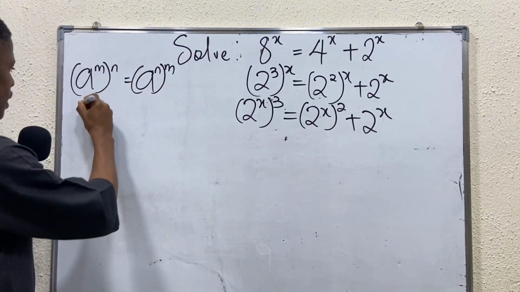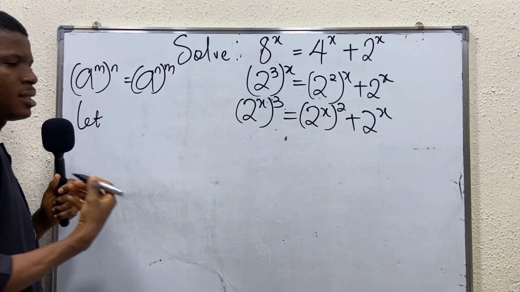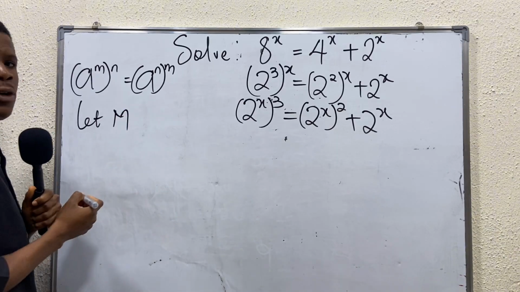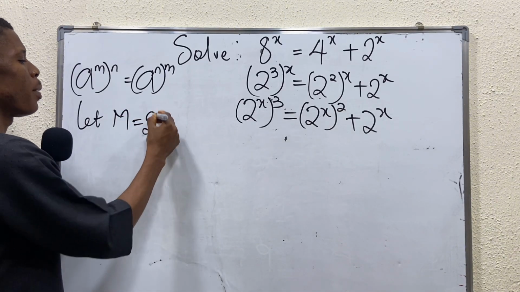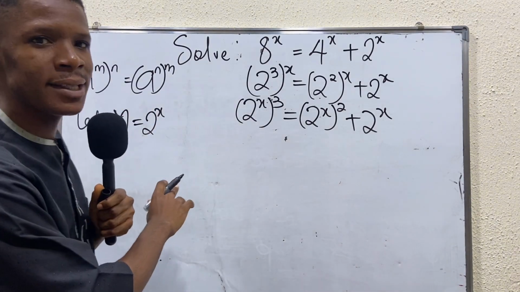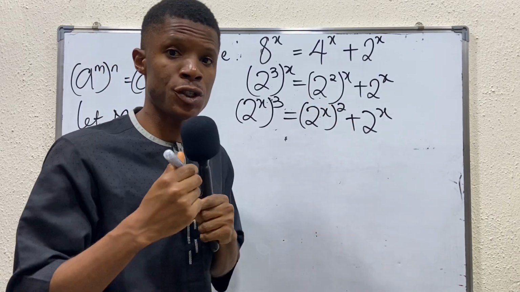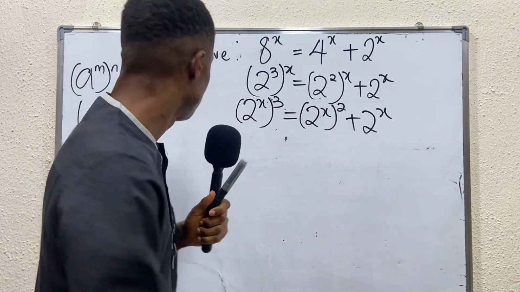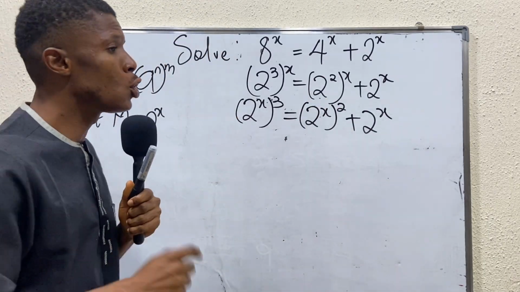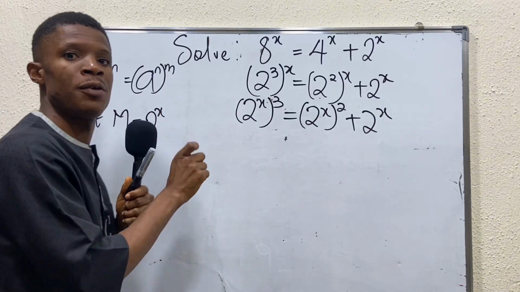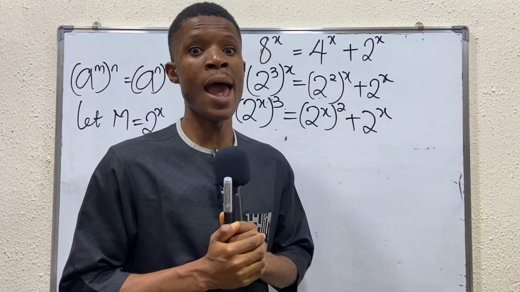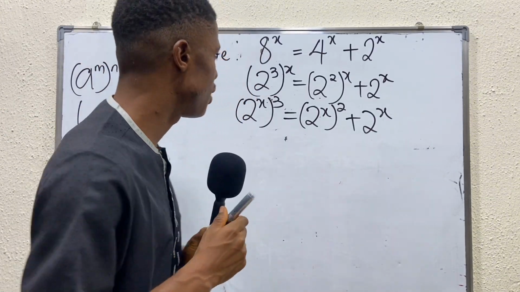So I can say, let m be equal to 2 power x. I would like to write the whole equation in terms of m. So wherever I see 2 to the power of x, I'll just put m. So let's do that together.